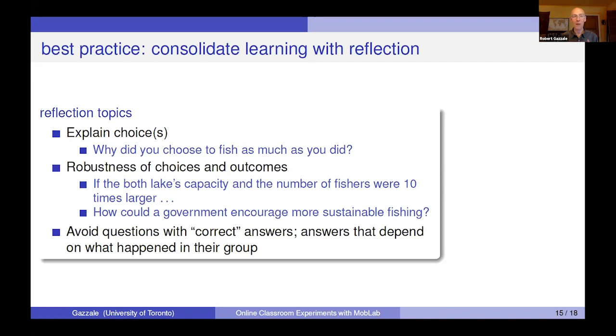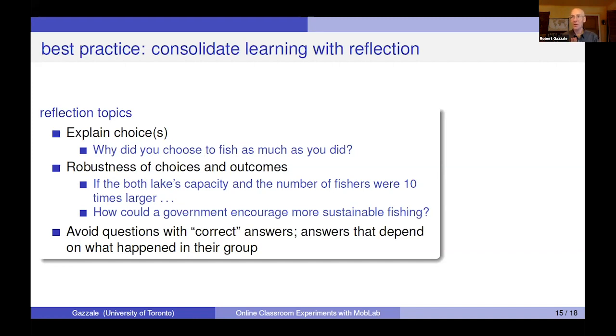For example, if both the lake capacity and the number of fishers increased by a factor of 10, do you think this would change the choices that people would make? You might ask students to think about how a government could help solve the tragedy of the commons. How could a government encourage more sustainable fishing?